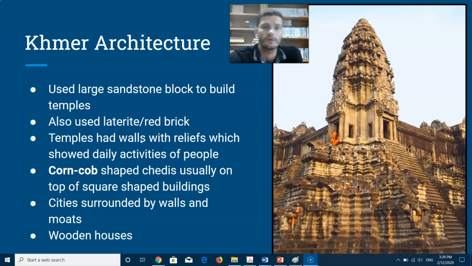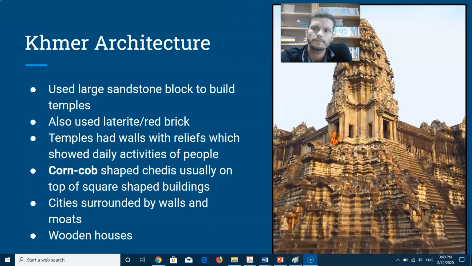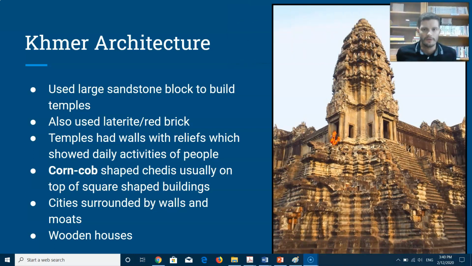Temple walls often had reliefs on them which showed depictions of the daily lives of regular people. So what is a relief? A relief is a carving, basically, something that would have been carved into the wall of the temple.